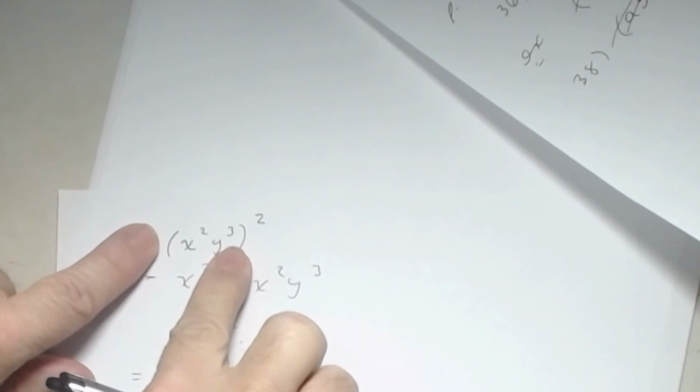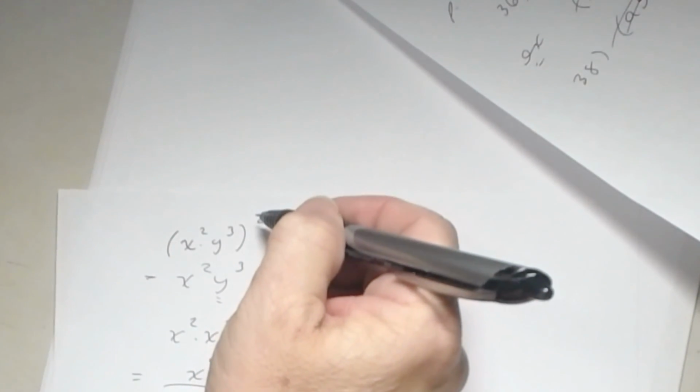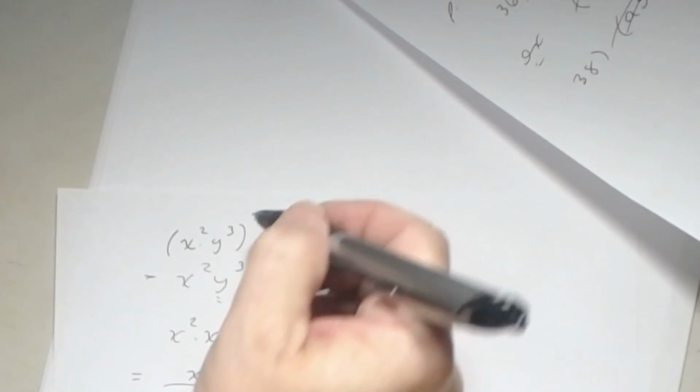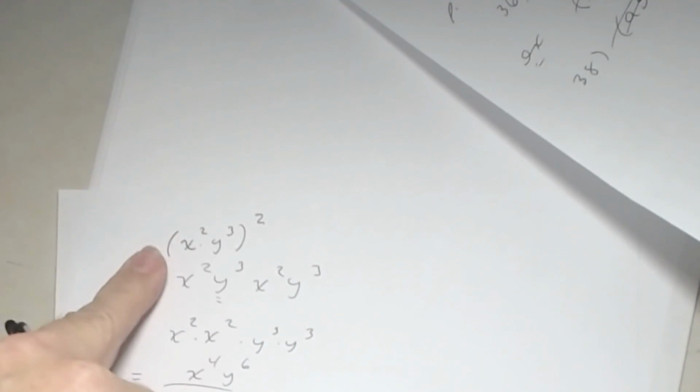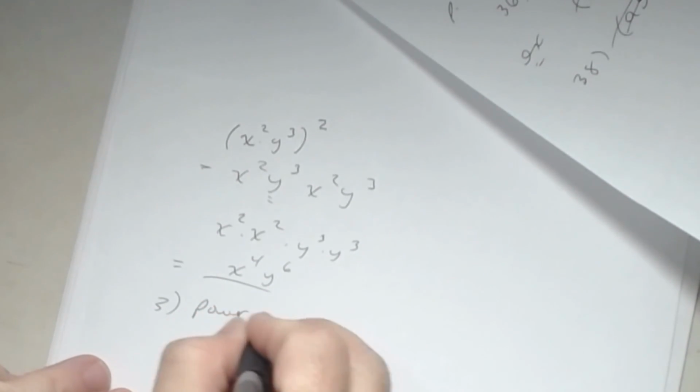Notice though, inside the parentheses, you see a product, right? And this is called a what? Exponent, or what other word do we use? Power. So this process that we just did here is called the power of a product. So the third rule is called the power of a product rule.